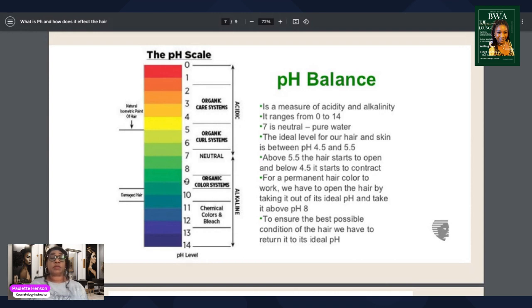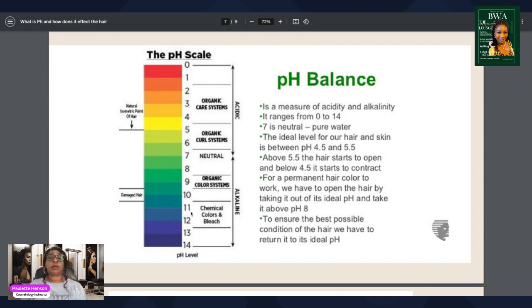Color systems are here, especially for the ones that are lifting. Chemical colors and bleach are more alkaline, and they're lifting the hair. They're raising that pH level even higher, almost stretching it to its breaking point, to where it's fully alkaline.